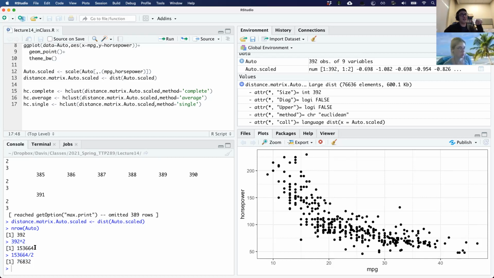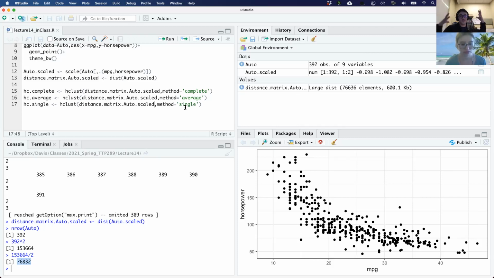If you already have x1 to x2, I don't need x2 to x1 because the distance is the same. So the size of that is going to be around 76,000, which is what we see here. Hopefully everyone can visualize what the distance matrix is telling you.